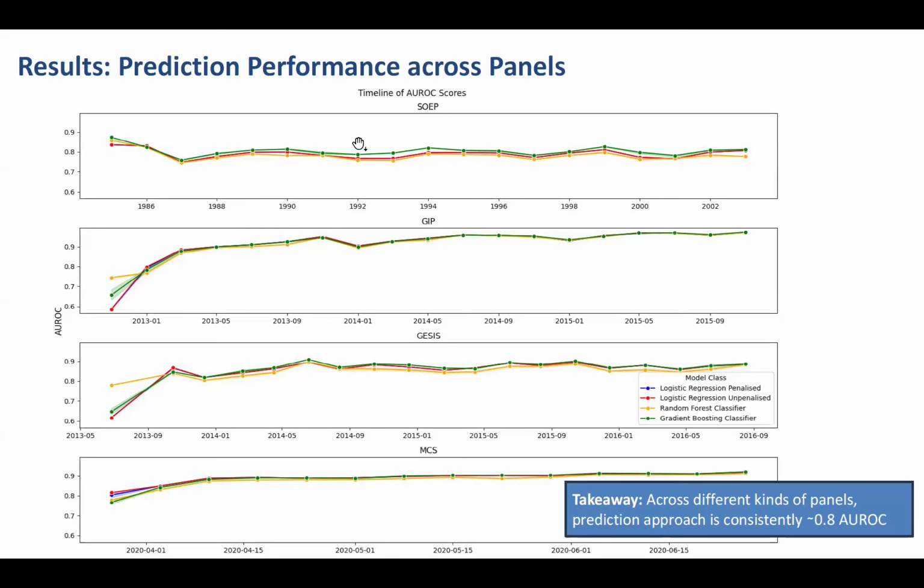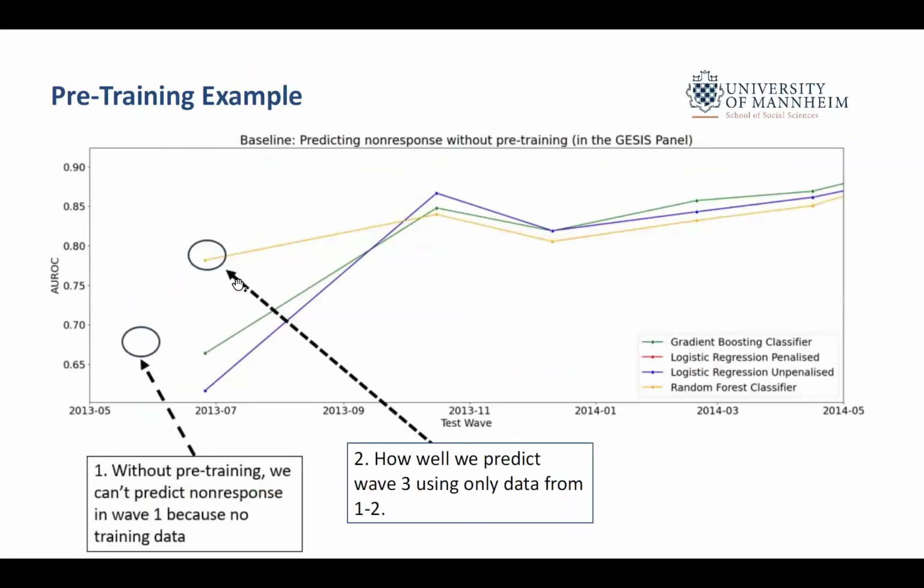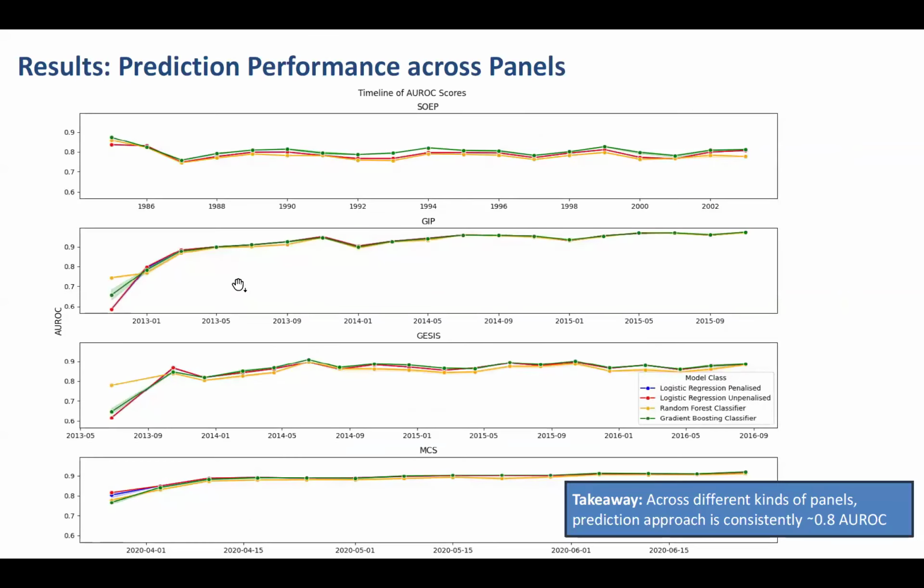We're showing all of those at once. So say, for example, over here in SOAP, gradient booster did the best in the first wave, but it wasn't the best in the second wave. Arguably, you wouldn't have known that if that was happening at the time. So that's just something to keep in mind when reading this.